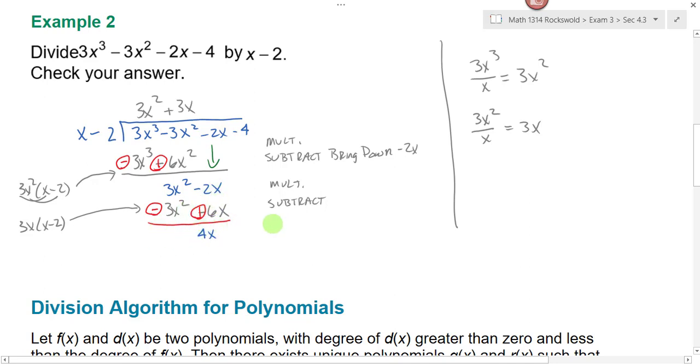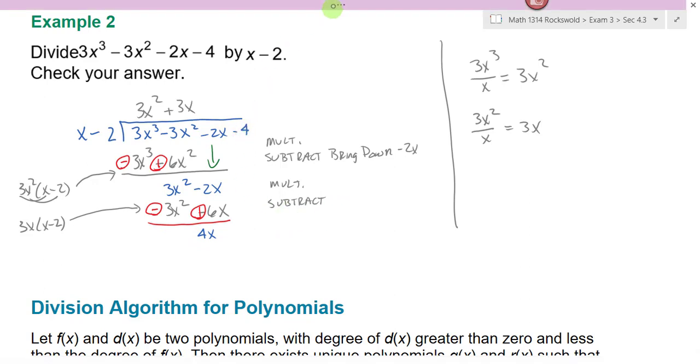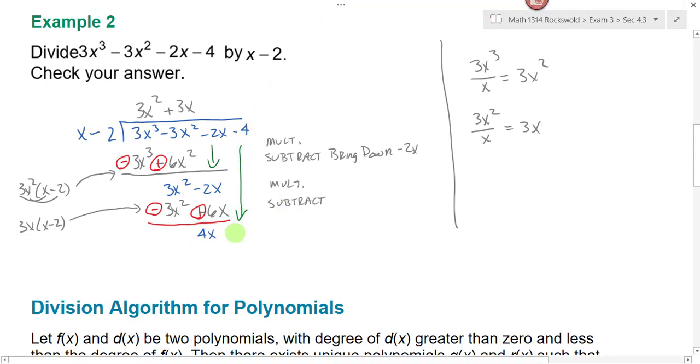And now I need to go through the process again after I bring down my negative 4. So I come over here to the side and I'm going to do 4x divided by x, just the first term divided by the first term. Whatever follows that first term, just let happen what's going to happen when you multiply. I take 4x divided by x, and that's going to give me 4, so I put a 4 up here on top.